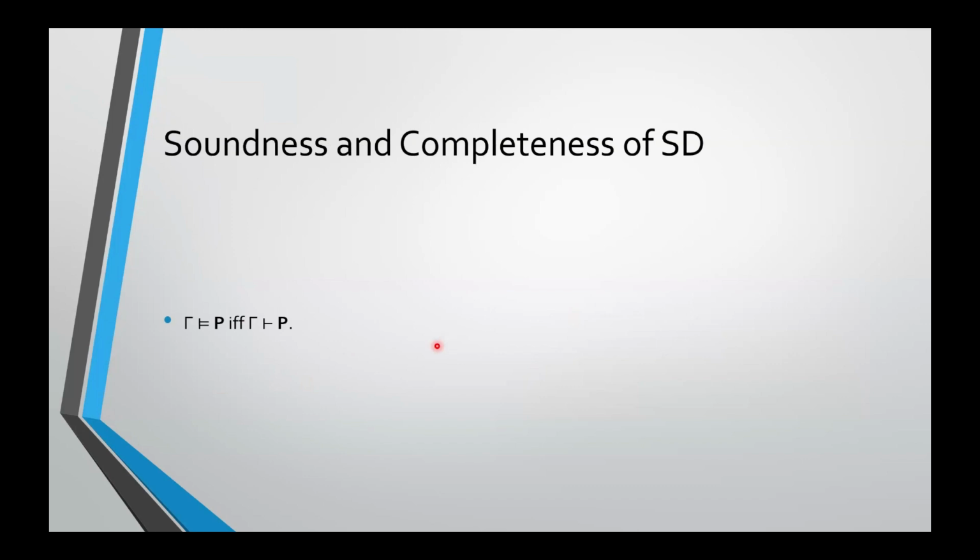This is the soundness and completeness of SD. Gamma truth functionally entails P if and only if P is derivable in SD from gamma. That immediately entails that an argument is going to be truth functionally valid if and only if that argument is valid in SD.